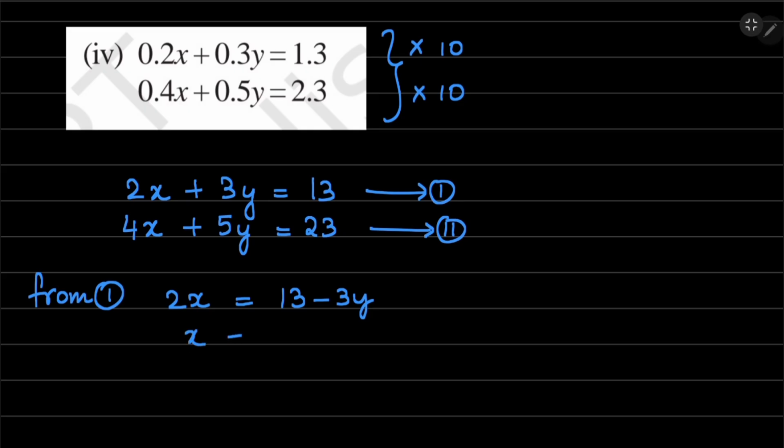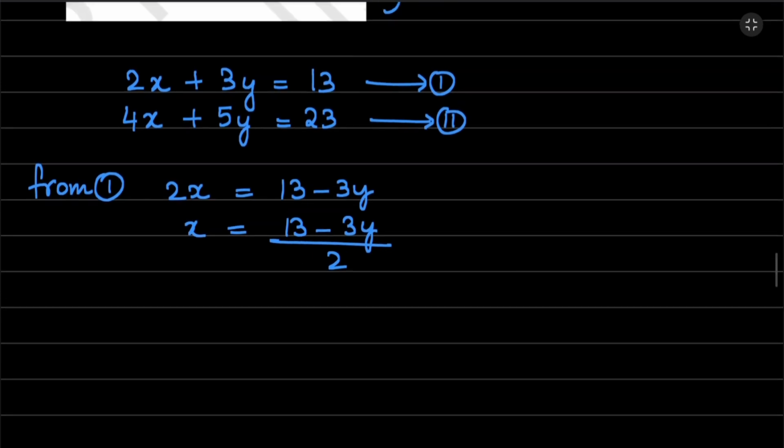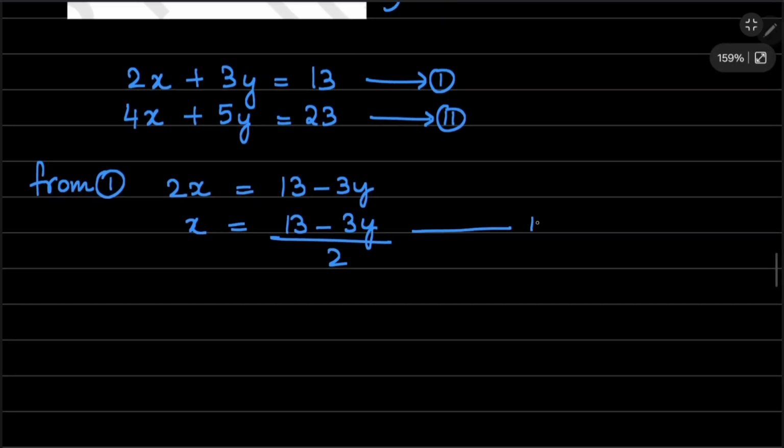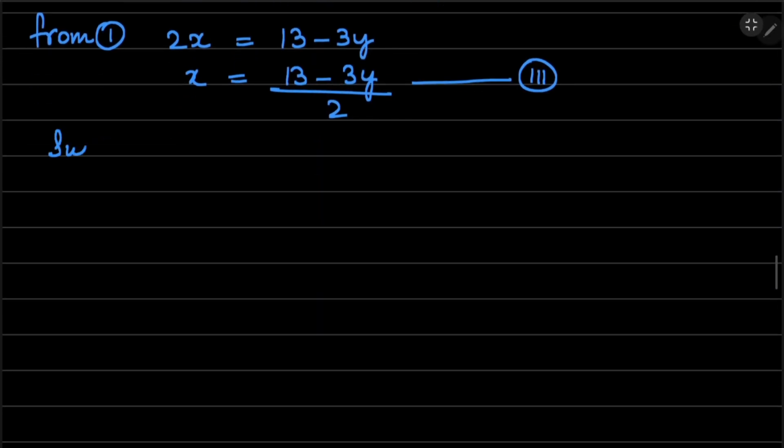So x will be nothing but 13 minus 3y divided by 2. Now you can substitute this in equation 2. Let this be equation 3, as I said. This is how exactly we do whenever it's a substitution method. Now substitute equation 3 in equation 2.